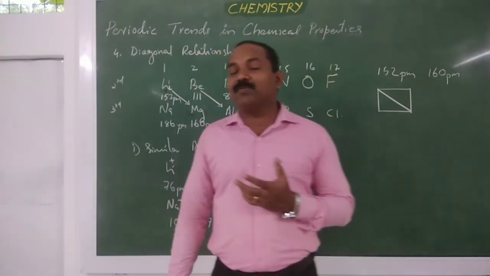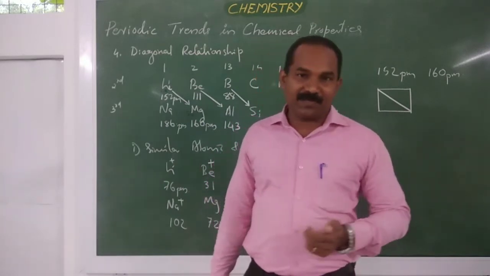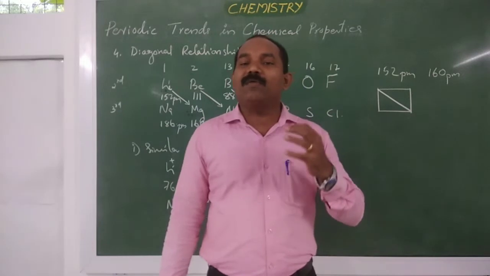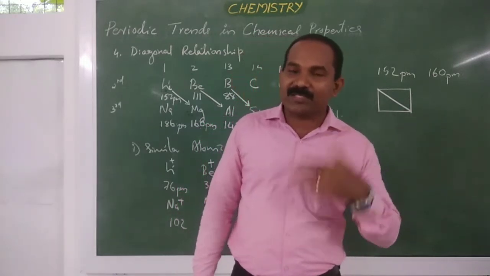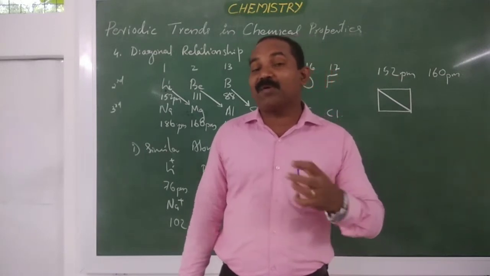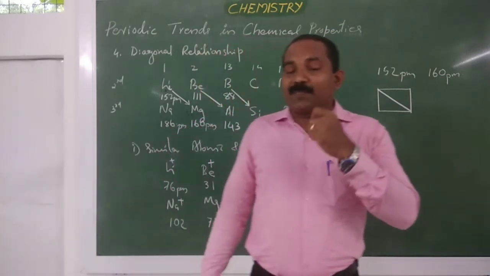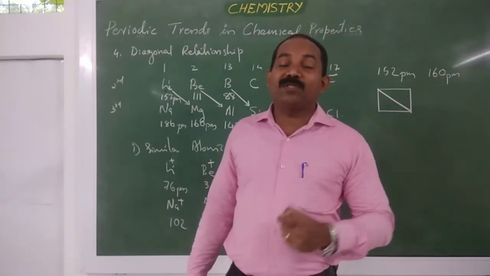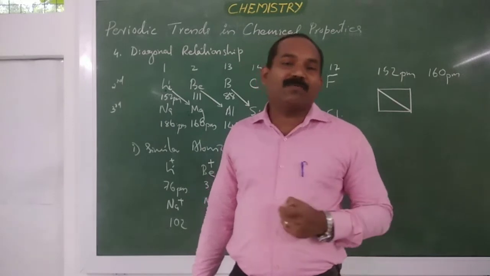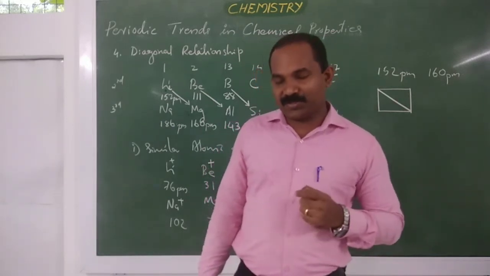Next we move to the trends in the chemical reactivity. We just discussed the trends in the chemical properties. As you know, the properties of an element depend upon the electronic configuration, especially valence electronic configuration.